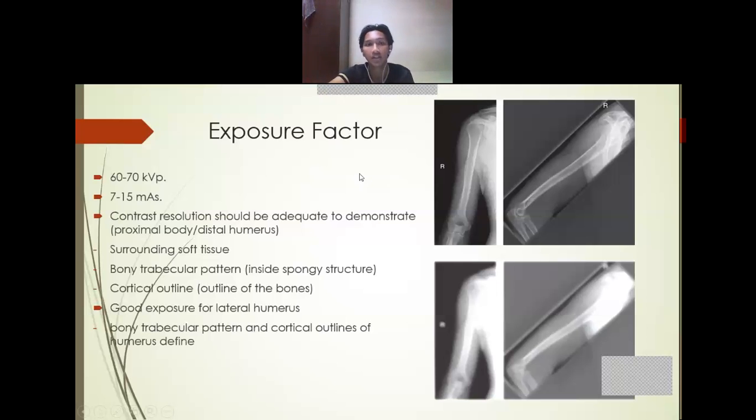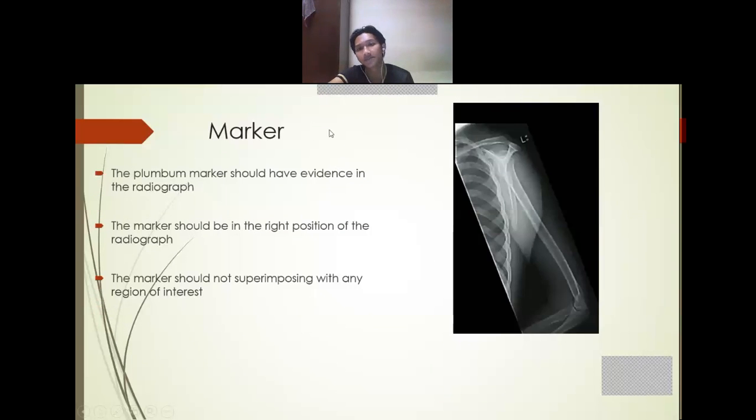That is for exposure factor. Then we go to the marker. The lead marker should be evident in the radiograph. As we see here, it is the L for left. This is the lead marker. It needs to be right here in the radiograph, and also the marker should be in the right position of the radiograph.